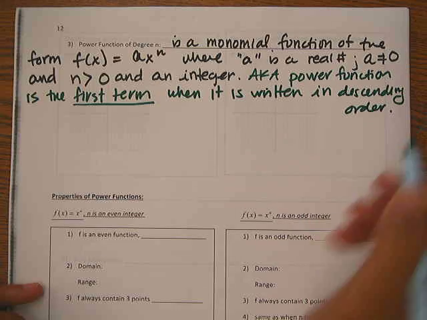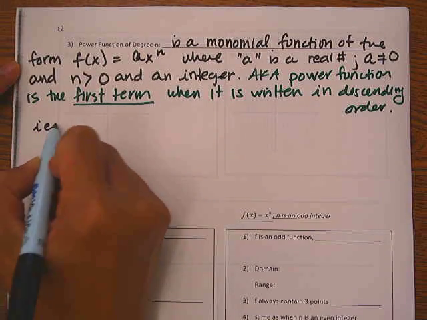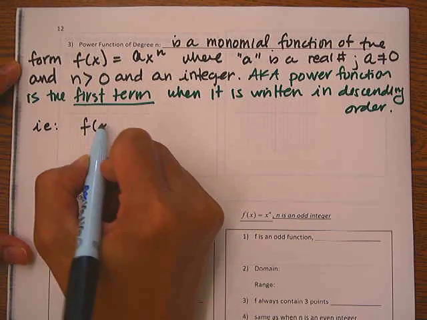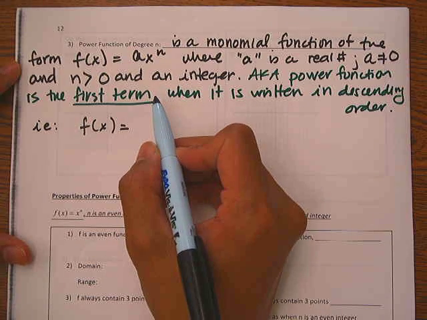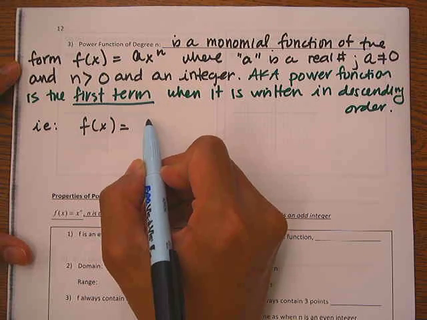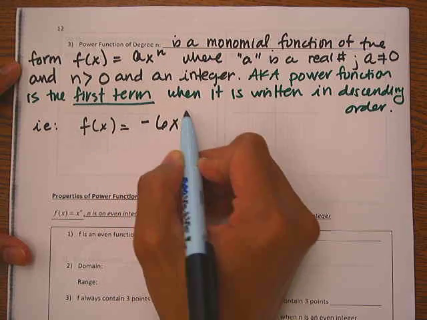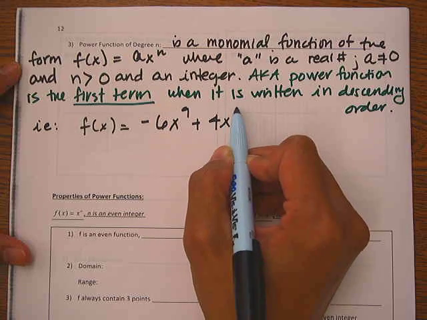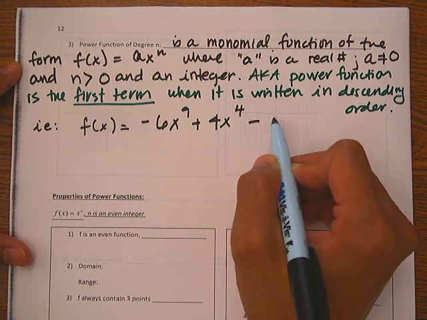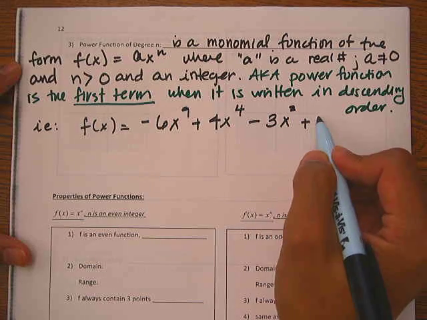Okay, that means from highest power to lowest power. So let me give you some examples, i.e. f of x equals, making up something here, negative 6x to the 9 plus 4x to the 4th minus 3x squared and plus 100.